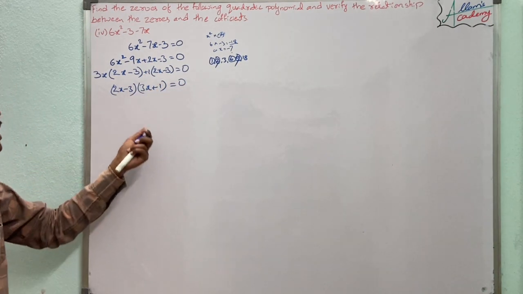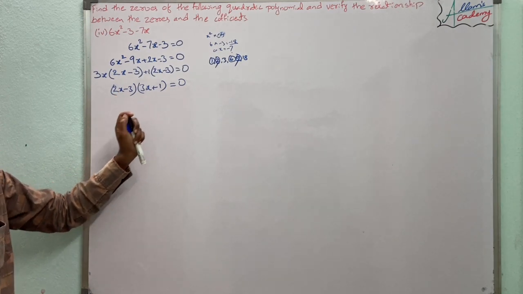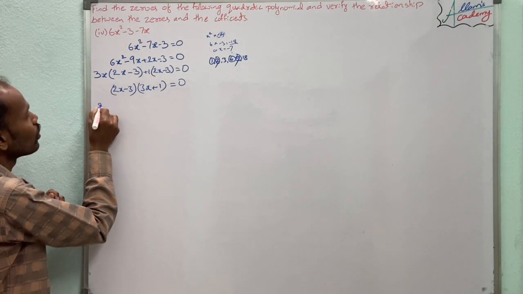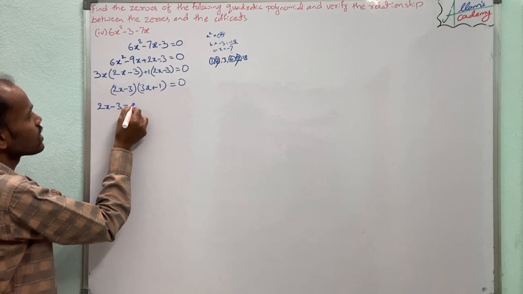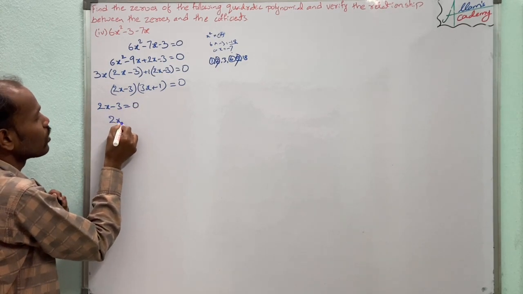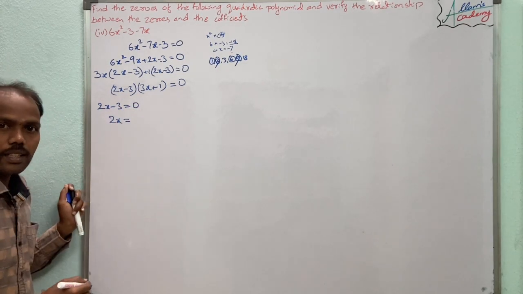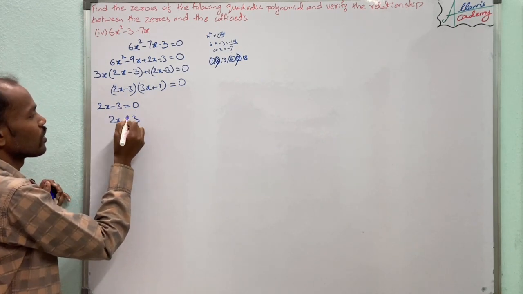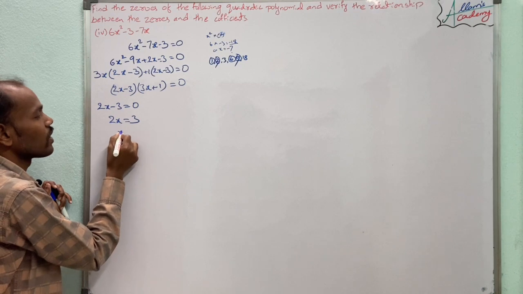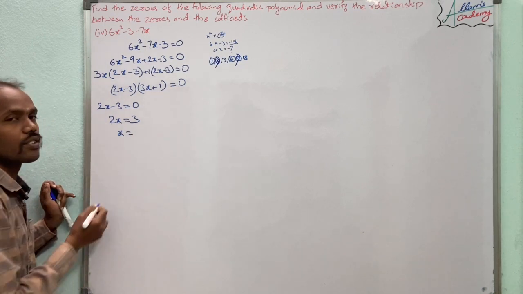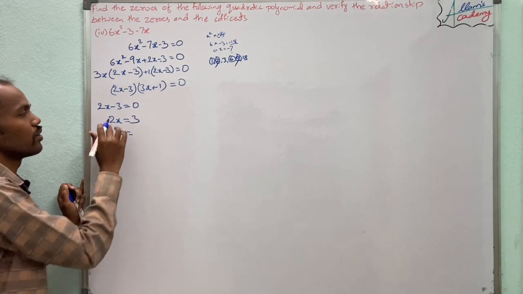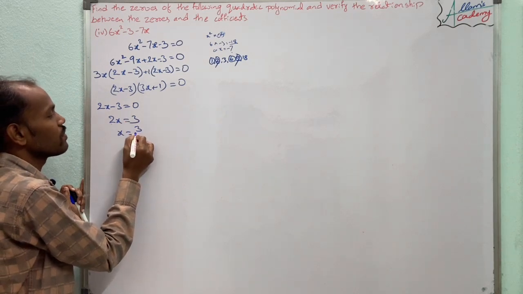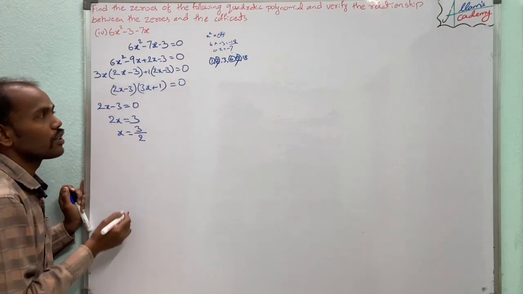Now, one of these factors will be equal to 0. If 2x minus 3 equals 0, then 2x equals minus 3 transferred to that side, plus 3, so 2x equals 3. Then 2 is multiplying x, so transferred to the other side it divides: x equals 3 by 2.